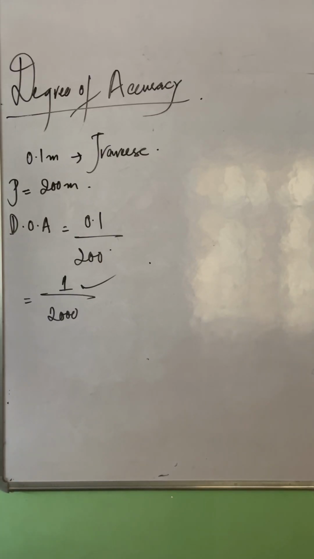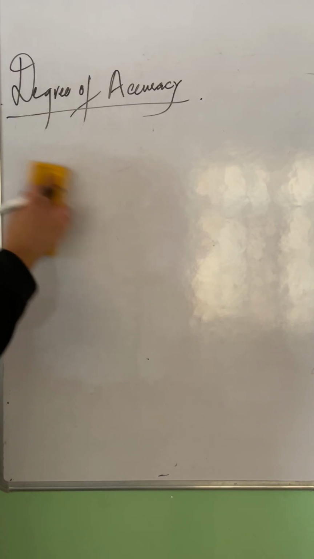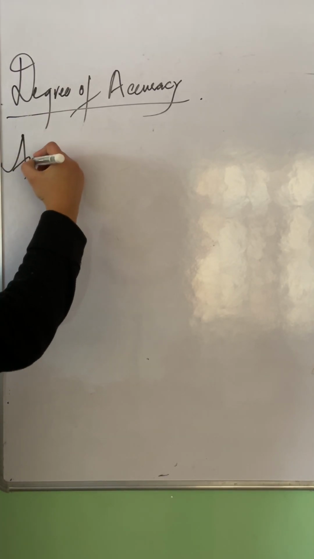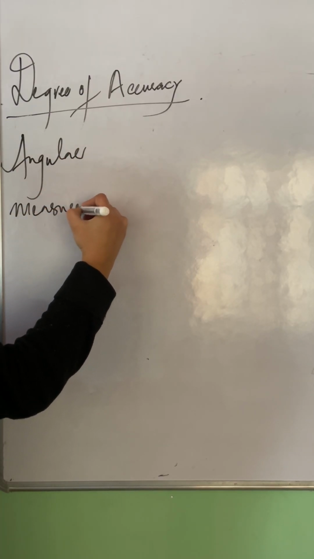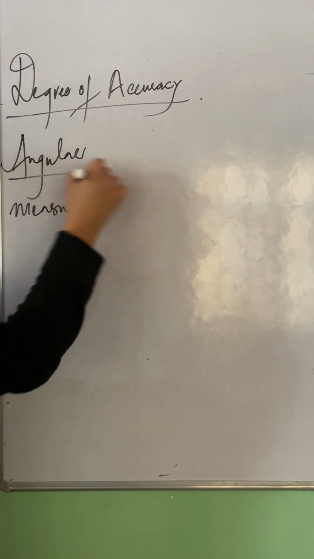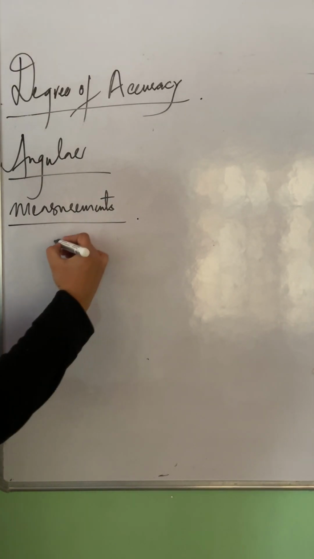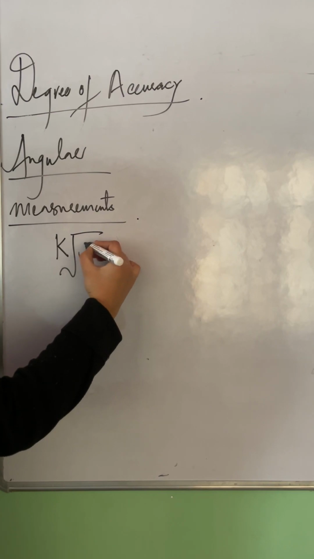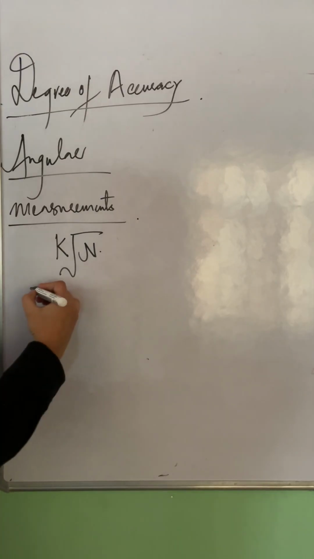All right. Angular measurements. For angular measurements, the degree of accuracy is usually expressed as K under root N. We express the degree of accuracy as K multiplied by the square root of N, where N is the number of measured angles.